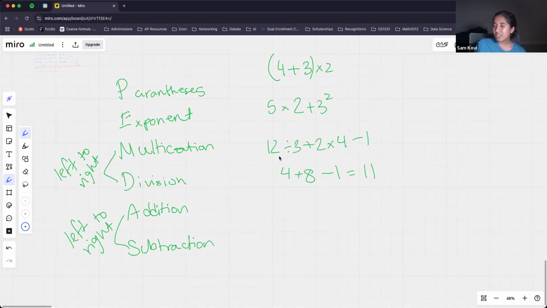So notice how we didn't do 4 plus 2 times 4. That's because this addition is lower in precedence than the multiplication. So we do 2 times 4 before we do any kind of addition or subtraction. So that's pretty important to remember. Now, if instead, let's say I had done this, what would I get?